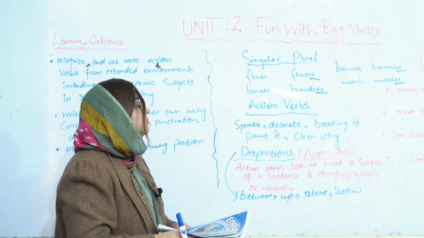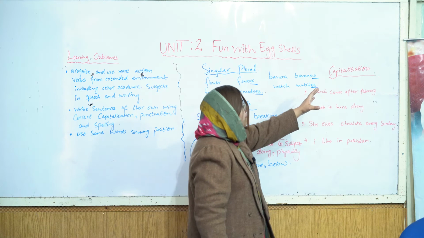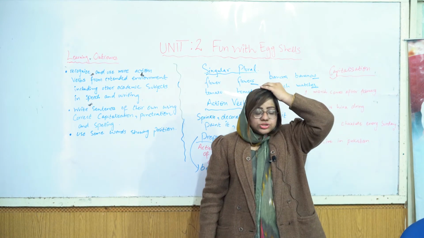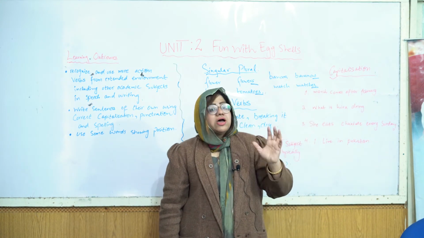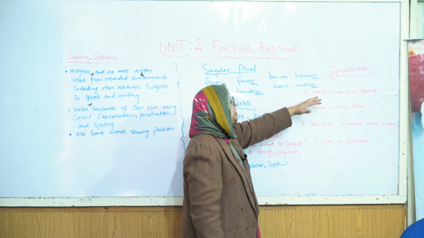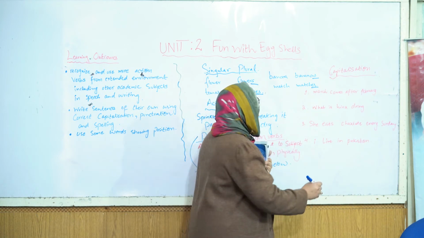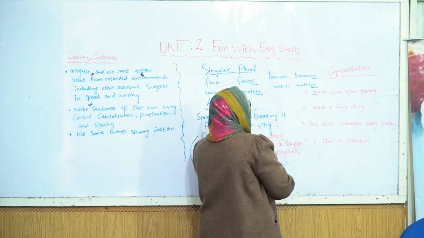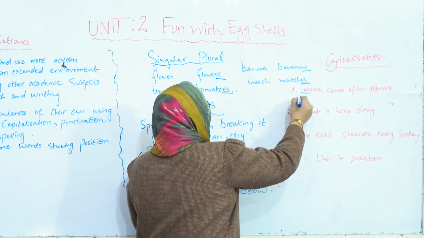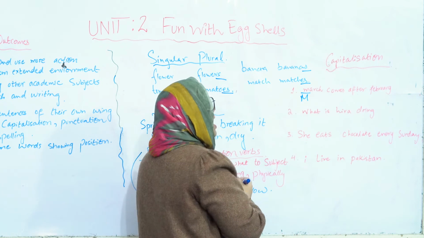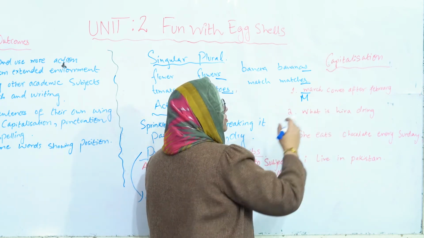That is another important topic, that is capitalization. Students, don't forget, whenever you write a sentence, the first letter is always a capital one. For example, here you can see a small word. We need to write a capital one. March comes after February.